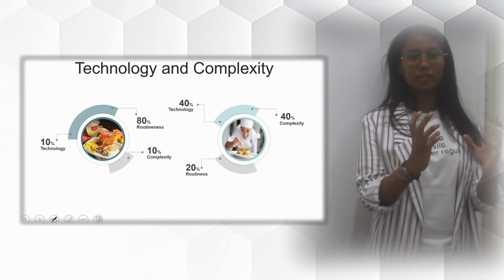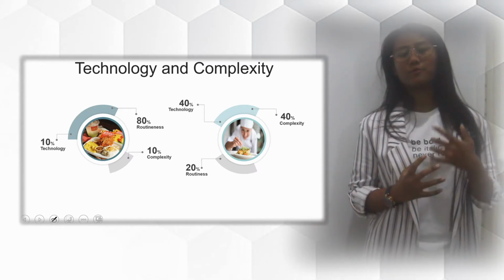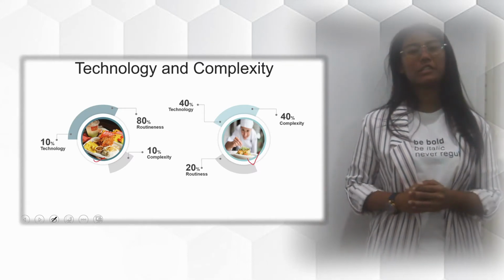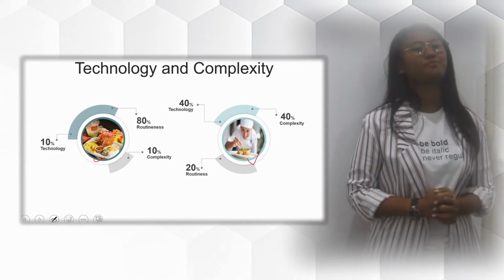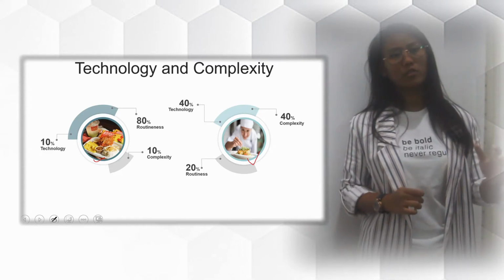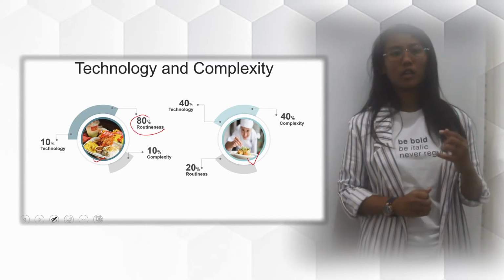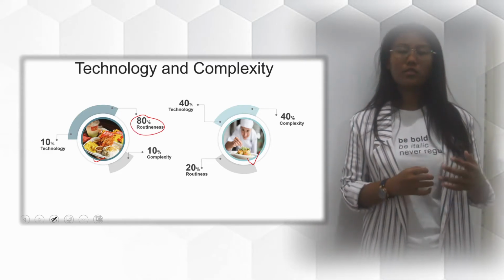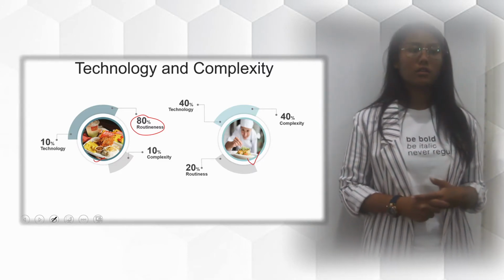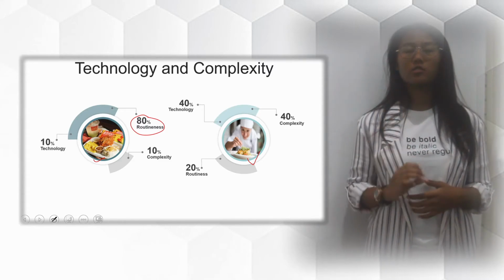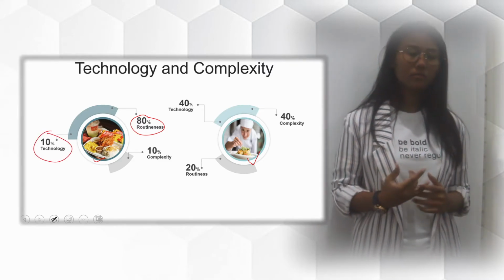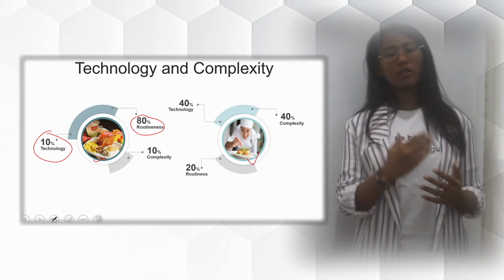The next is the relation between technology and complexity. There are two pictures here: food from a fast food restaurant and food from, let's say, the fanciest restaurant ever. For the fast food, let's say the routineness is 80% because they make the same menu, the same food, every day. The technology that they use is very low, 10%, because everyone can do that.